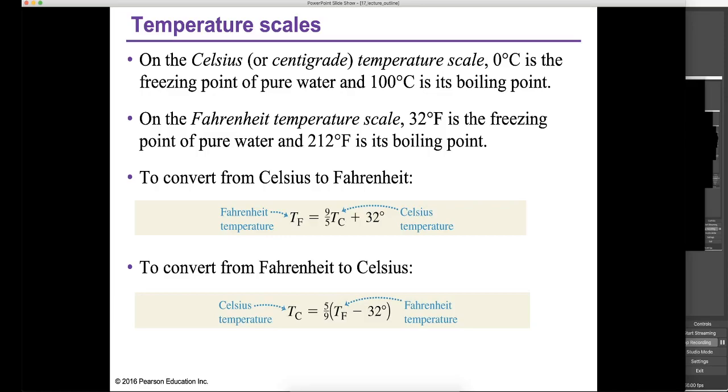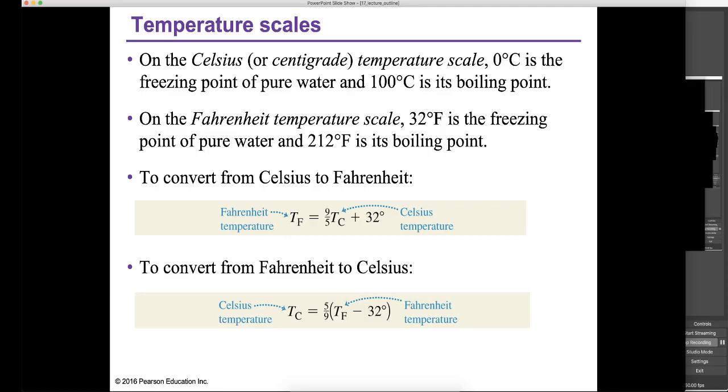Okay, next, temperature scales. In daily life, there are two commonly used types of temperature scales, for example, the Celsius and Fahrenheit temperatures. Celsius is commonly used in some countries like the UK or some Asian countries, but Fahrenheit is more commonly used in the US and some other countries.